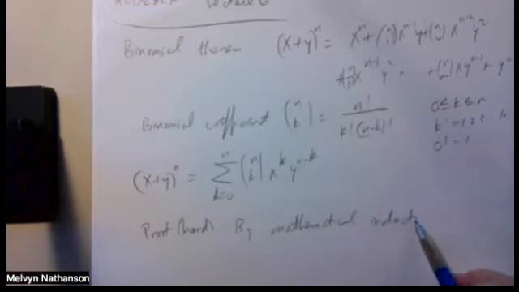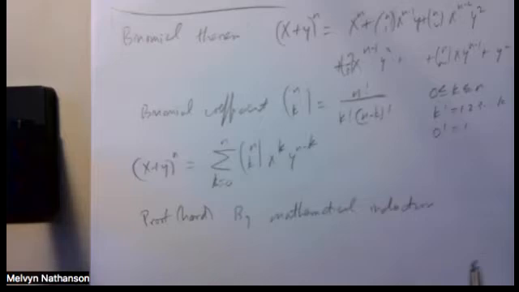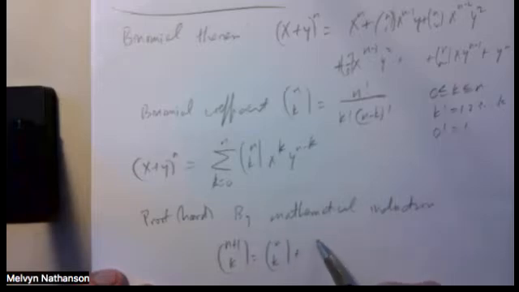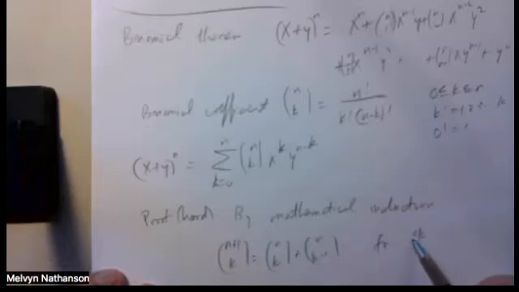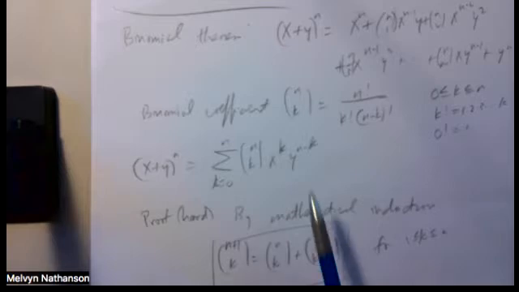I'm not going to prove it again. It's in the notes from Monday, but it uses the identity that n plus 1 choose k is n choose k plus n choose k minus 1 for all k between 1 and n. So this is an identity about binomial coefficients that we used when we proved the binomial theorem. Okay, any questions about this?